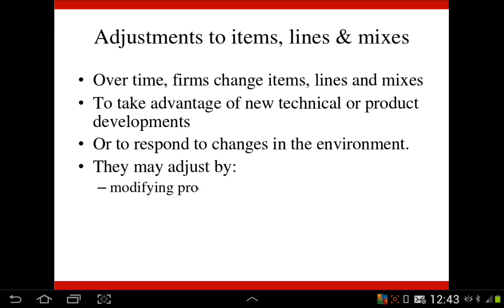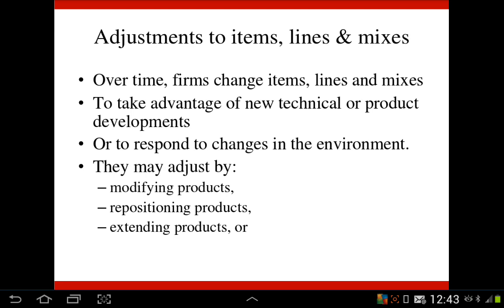They may adjust their product lines by modifying products, repositioning products, extending products, or contracting products, and we'll look at those for now.